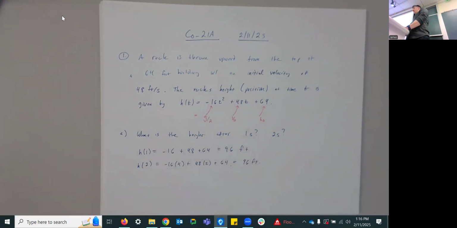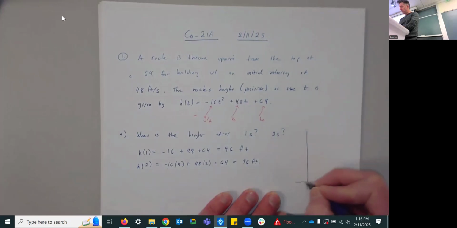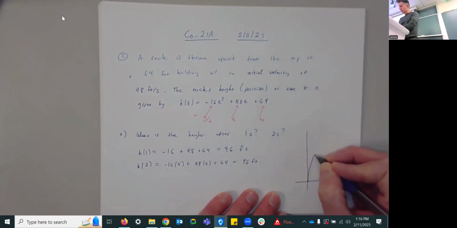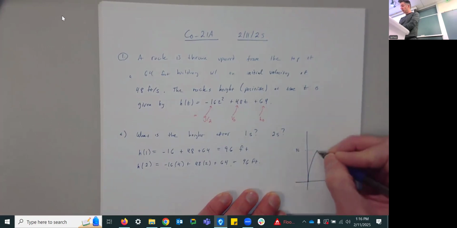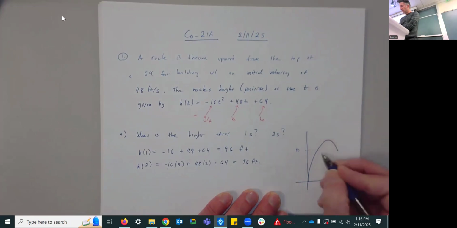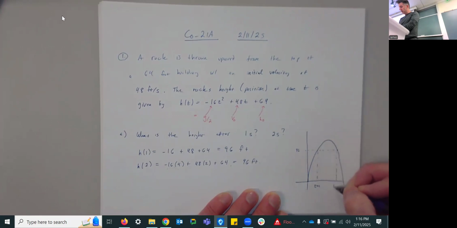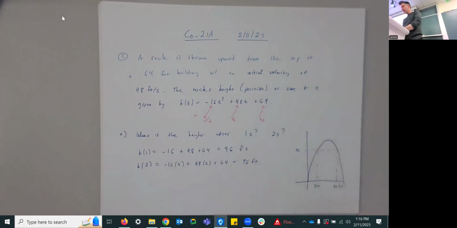The rock was going upwards, it hit a height of 96 feet, probably continued going upwards, turned around, and then on the way back down, also hit a height of 96 feet. So there's time equal to 1 second, and time equal to 2 seconds.